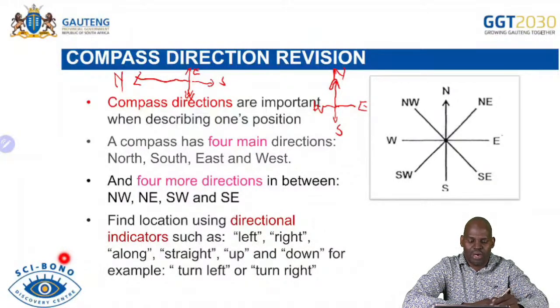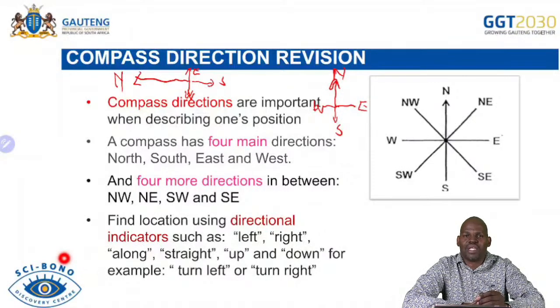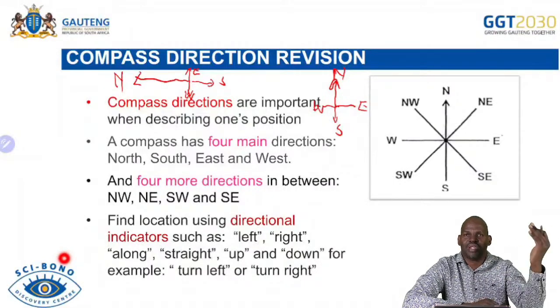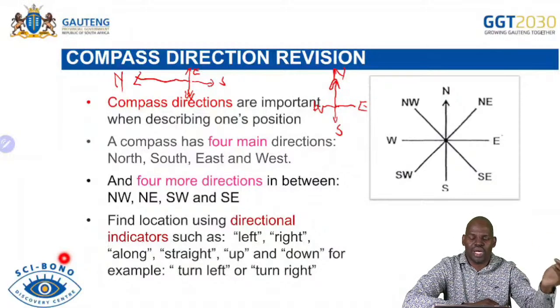For example, you must indicate turn left or turn right. So when you describe a direction on how to get to a place, please make use of this. Unless you are sure about the compass direction, you are sure that this is indeed east, you can also indicate 10 east, or 10 north, or 10 south, as long as you are sure that the direction is correct or accurate.